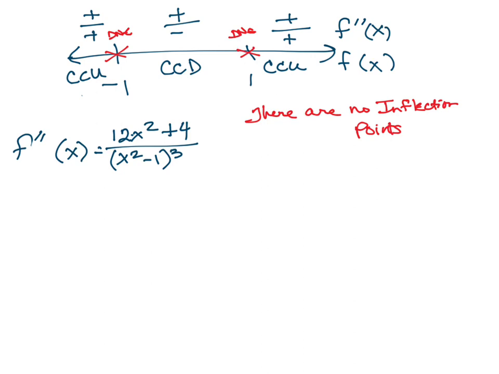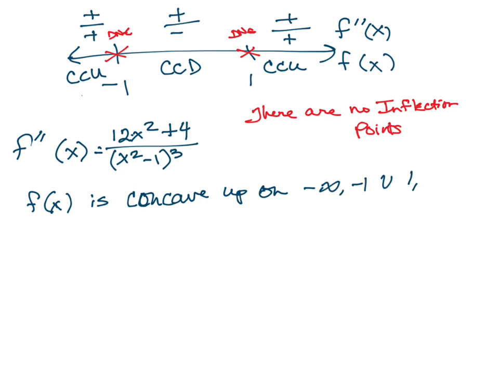And so if we're looking for intervals of concave up or down, we can say f of x is concave up on, let's see, negative infinity to negative 1 and 1 to infinity.